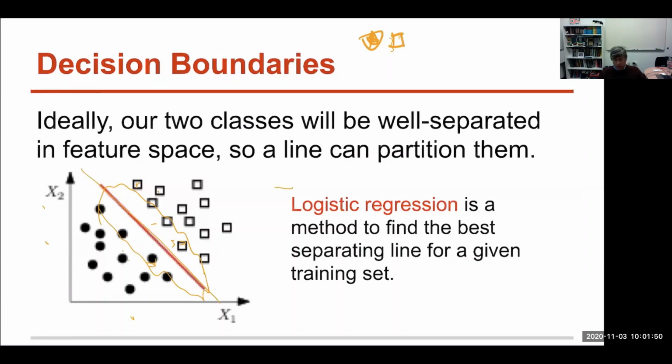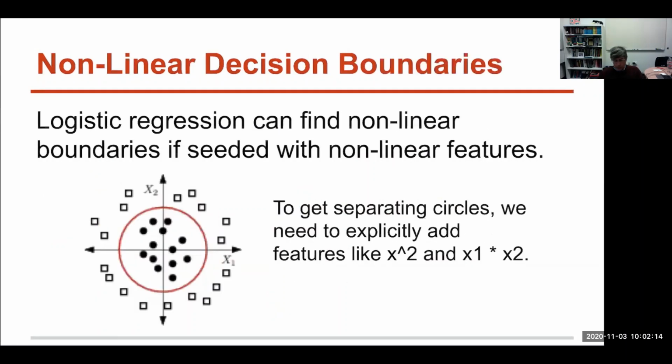So logistic regression is a method that will use some of the formalism and machinery of linear regression, but it will find the best separating line for a given training set. Any questions about that? First of all, I'm going to be talking about logistic regression as finding the best linear separator.